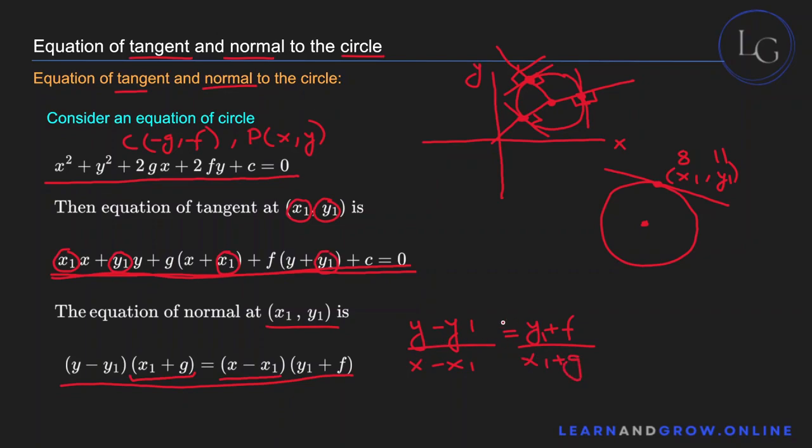So both of these are equivalent, and you can use this equation to find the normal at this point. So basically this line over here is the normal to the tangent.